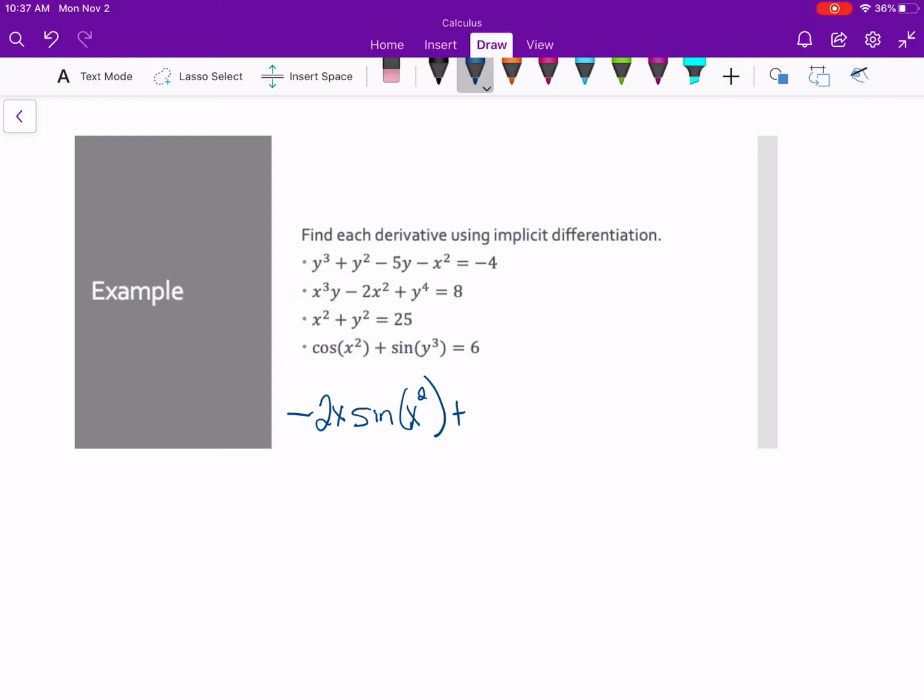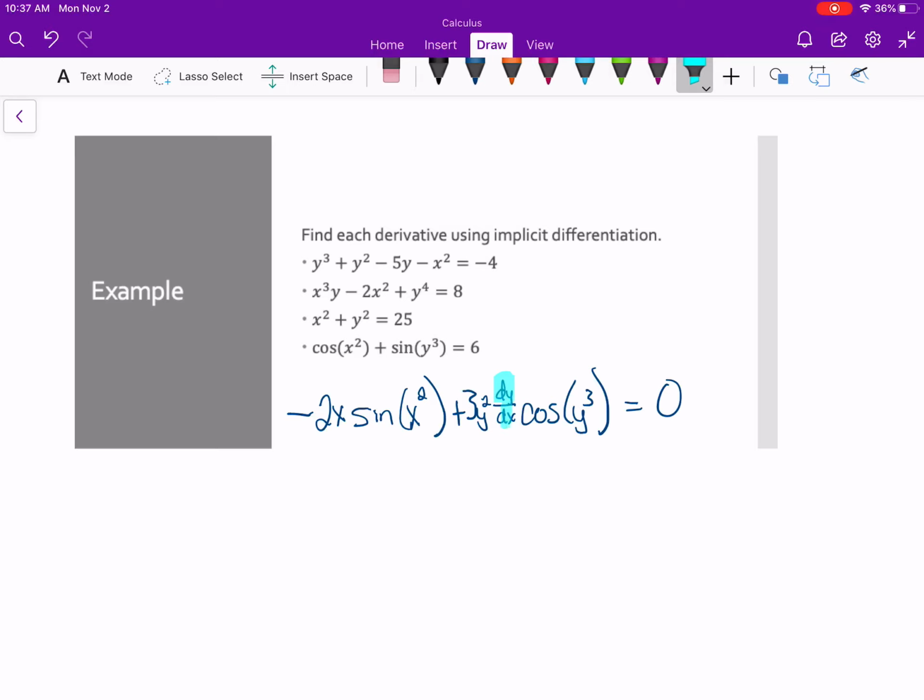Plus sine goes to cosine. So we have cosine of y cubed times the derivative of the inside, which is 3y squared dy dx, equals 0. The derivative of 6 is 0.